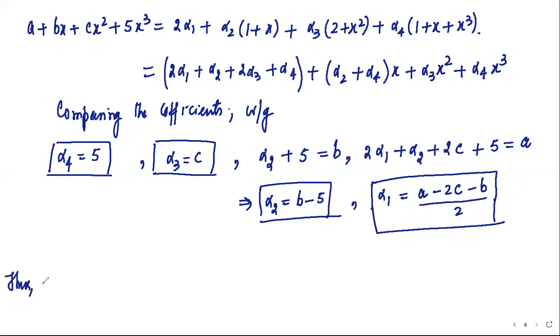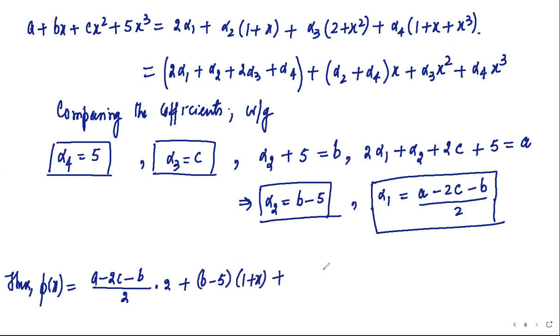So thus, our p of x was equal to alpha 1 times 2. Now in place of alpha 1 we have a minus 2c minus b minus 2 divided by 2 times 2. Then plus alpha 2 times 1 plus x, so alpha 2 is b minus 5 times 1 plus x.